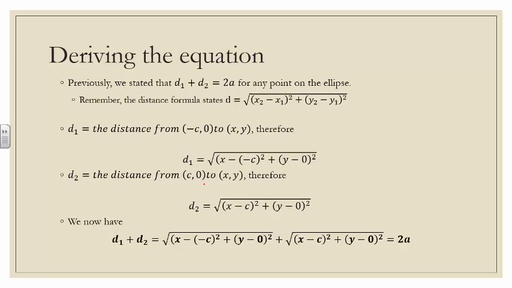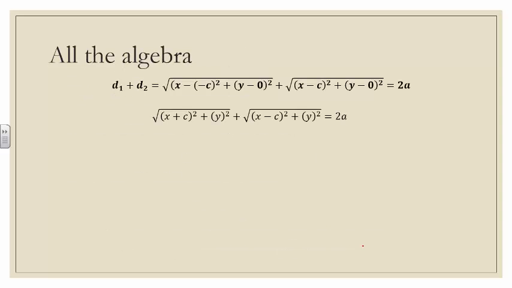We now have these two new distances equal to 2a. Remember, we said the two distances equal 2a. We have these larger formulas now that we can substitute in, and we begin to derive the equation.